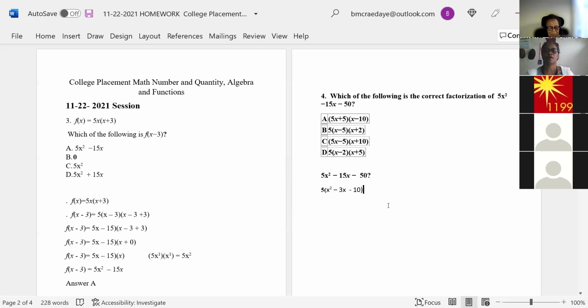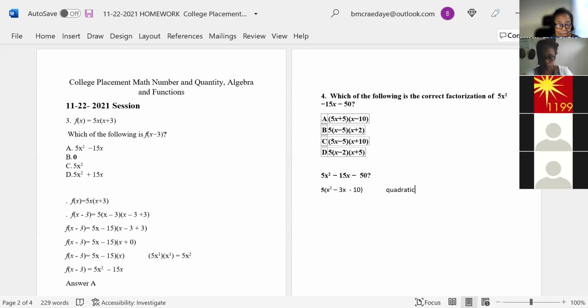Alva, when you have a square on a variable, what kind of equation is that? It's not exponential, it's not linear. What's the other category? Quadratic. Very good. Quadratic.